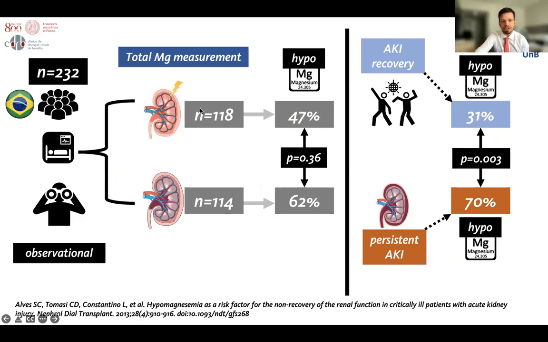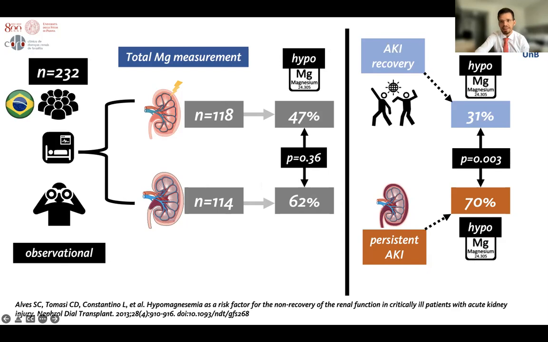In the group that developed AKI, 47% had hypomagnesemia, whereas in the group with no AKI, 62% had hypomagnesemia, and there was no statistically meaningful difference between those two groups. So, okay, this is an observational analysis.